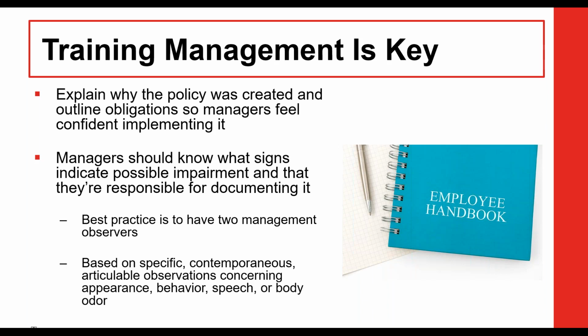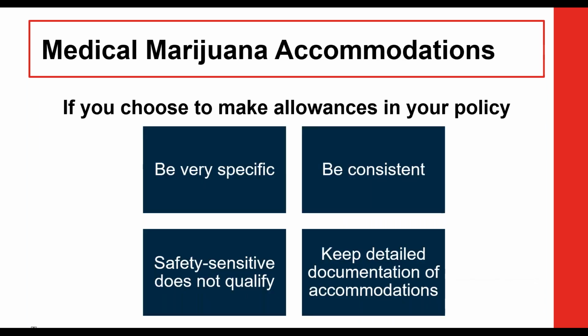Again, it's best practice to have 2 management observers when you're doing a reasonable suspicion test to avoid any issues after the fact about individuals being treated differently under your policy. And again, specific contemporaneous observations concerning things like appearance, behavior, speech, body odor, etc.